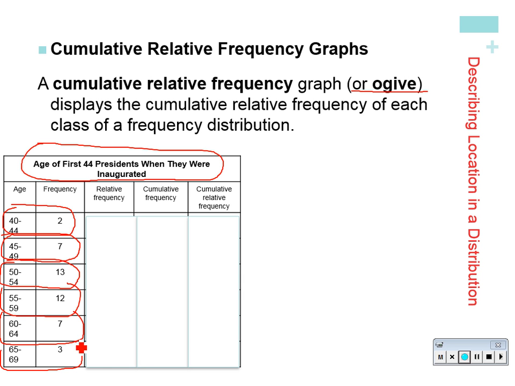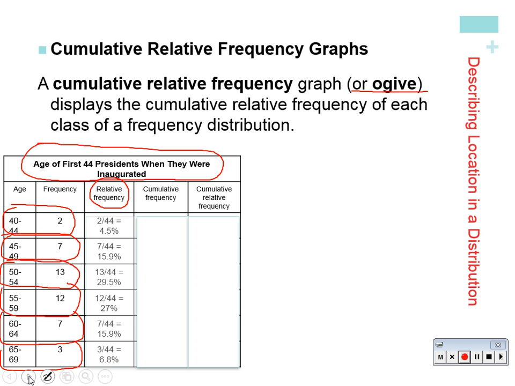In this first column, the relative frequency, what we basically want to know is the percentage for each one of those age groups. You have this right here first. It's out of 44 presidents, 2 of them were anywhere from 40 to 44 years old.